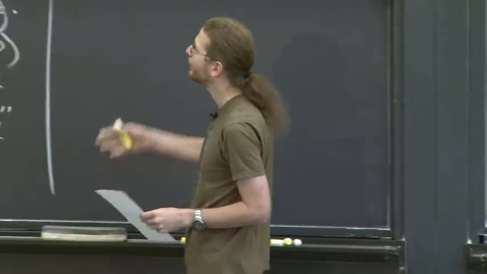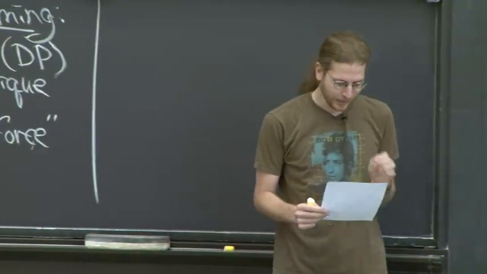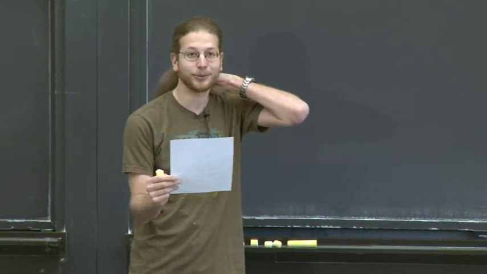But I looked up the actual history of why is it called dynamic programming. Dynamic programming was invented by a guy named Richard Bellman. You may have heard of Bellman in the Bellman-Ford algorithm. So this is actually the precursor to Bellman-Ford. And we're going to see Bellman-Ford come up naturally in this setting. So here's a quote about him. It says, Bellman explained that he invented the name dynamic programming to hide the fact that he was doing mathematical research.